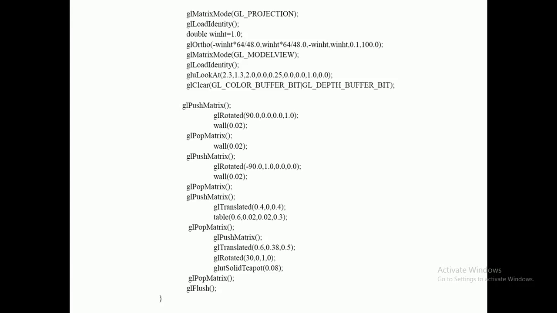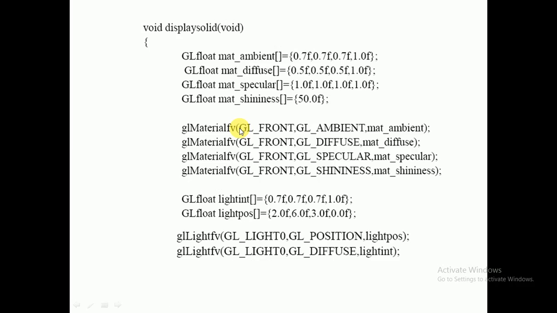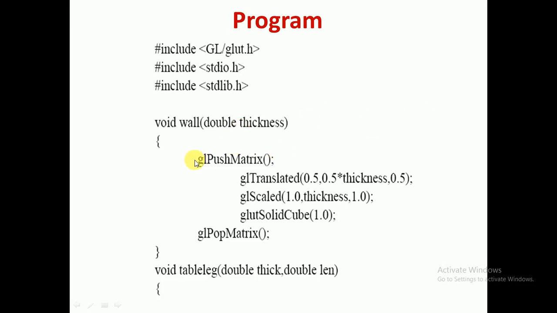Right? We have drawn this one. I will draw at the bottom, at ground level, then I will simply rotate the wall with thickness 0.4, that is here. I'll call this wall. Again glPushMatrix, whatever original values are there, you push that one, right? Then translate 0.5 in x direction, 0.5 in y direction, 0.5 in z direction means you come to the center.